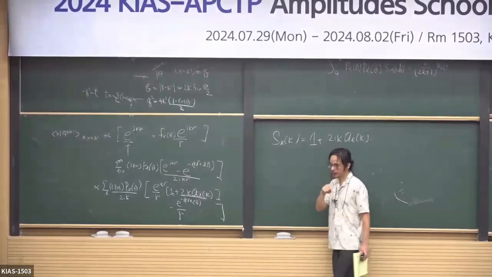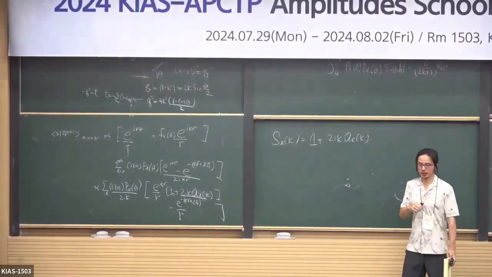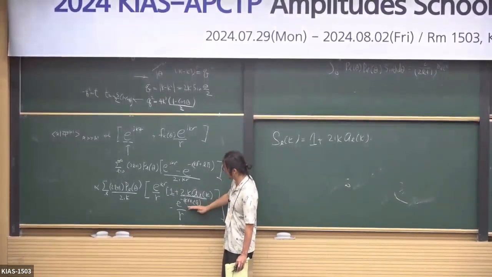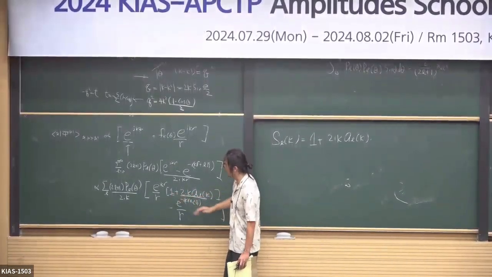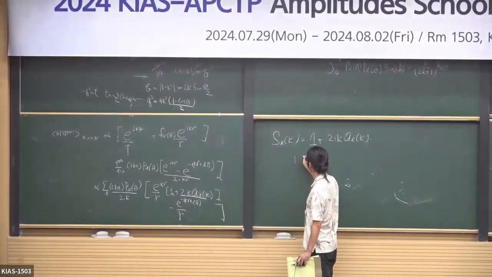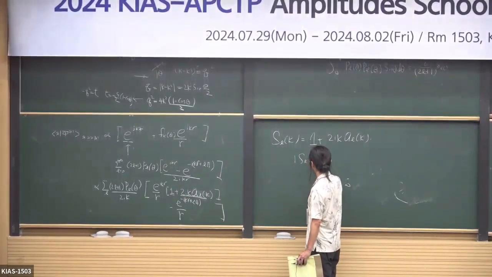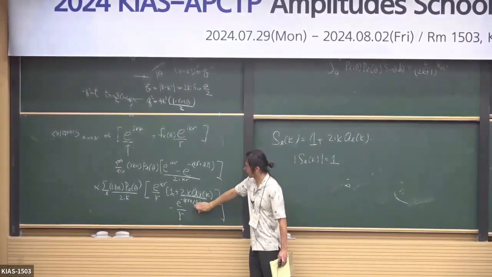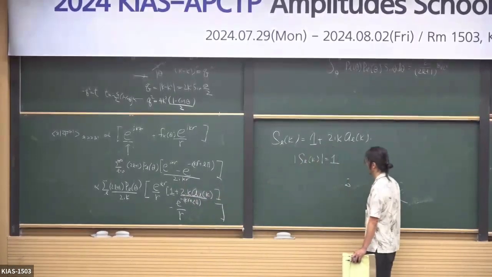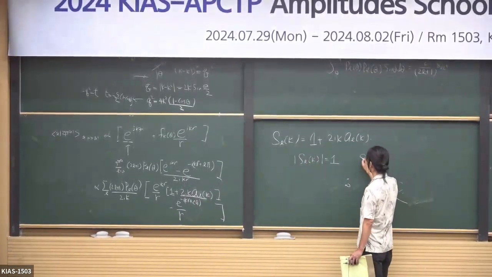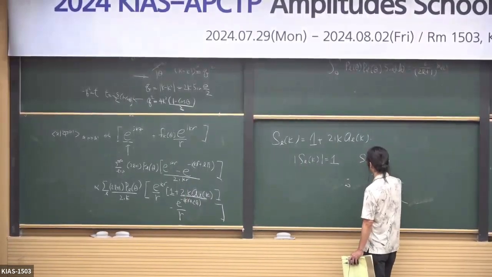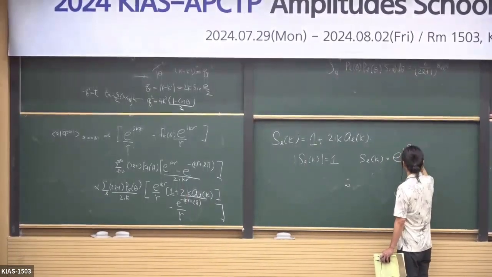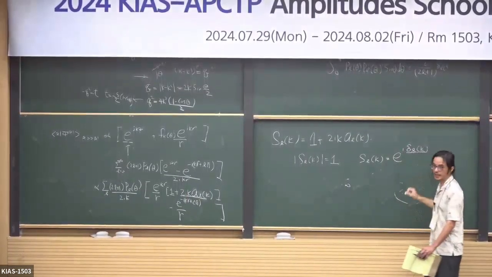From the usual probability conservation, since this is the minus part, the magnitude of this part should match the magnitude of this part. So the absolute value of S_l(k) should be 1, because the magnitude here is 1. That tells you that your S matrix, defined in the quantum mechanics sense, has to be just a phase. And so this is our usual scattering phase.